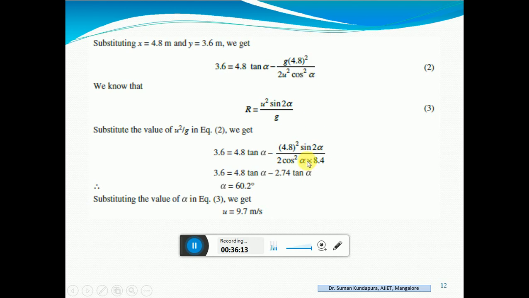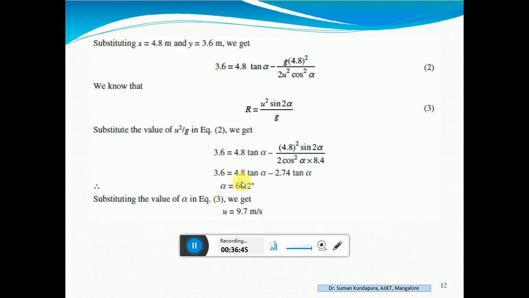Further simplifying this, you will get sine alpha by cos alpha as 2 tan alpha, 4.8 tan alpha minus 2.74 tan alpha. Simplifying this equation, you will get alpha as 60.2 degree.